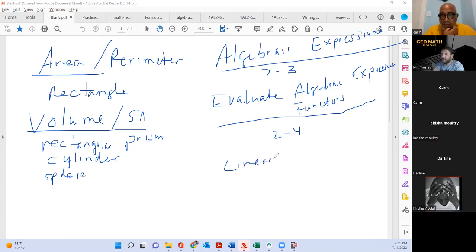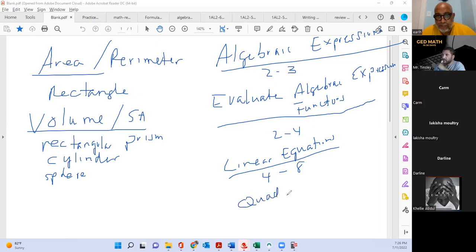Linear equations, anywhere from 4 to 8 questions. Maybe even sometimes 10. Quadratic equations, 1 to 2. System of equations, 1 to 2, maybe. Most of the time it's 1.